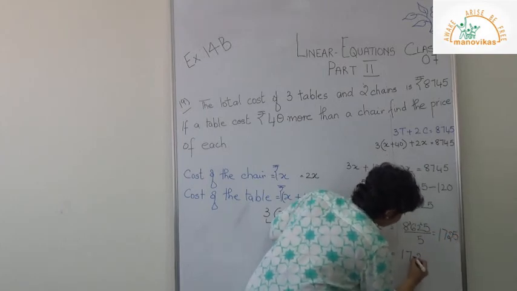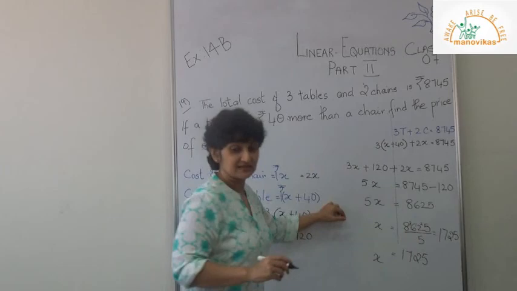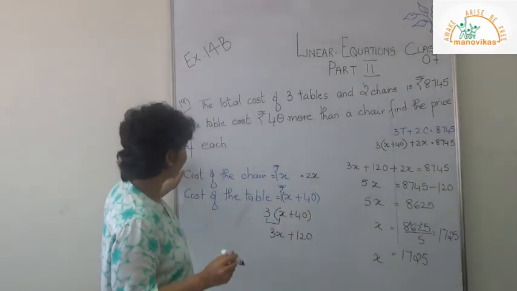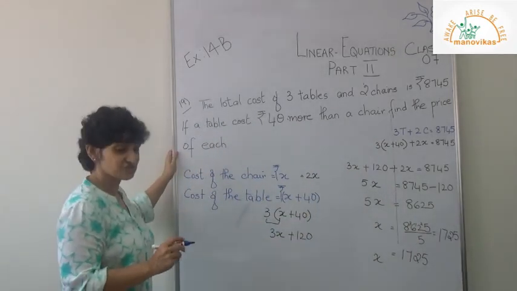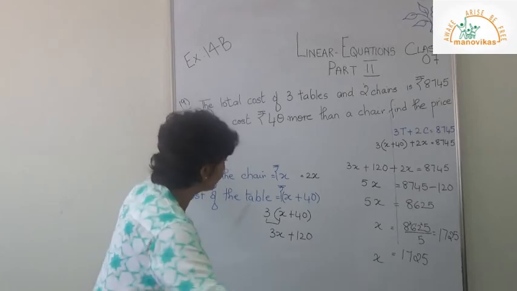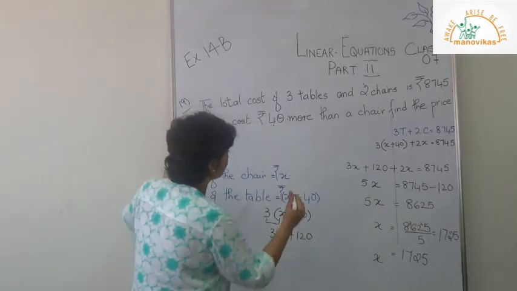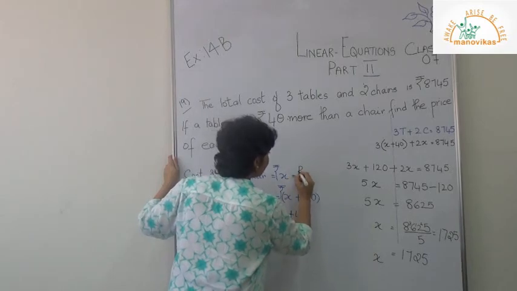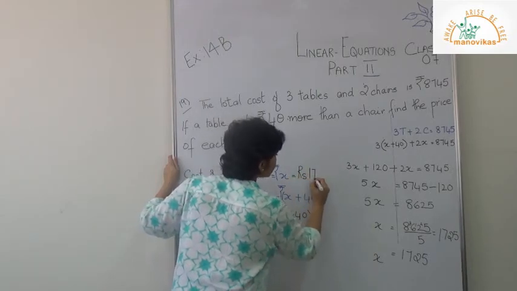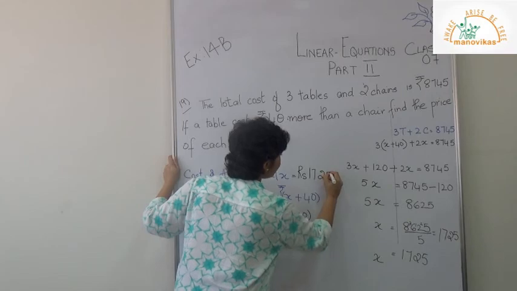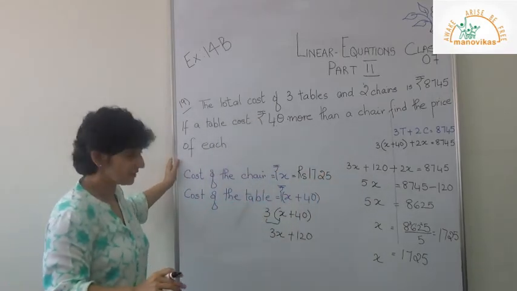So my X is equal to 1725. So what is the cost of my chair? The cost of my chair is, this is X, so this is equal to rupees 1725. Is that clear? Have you understood?